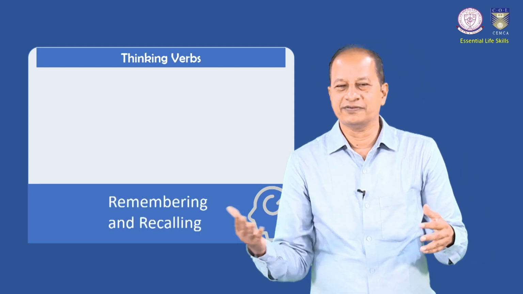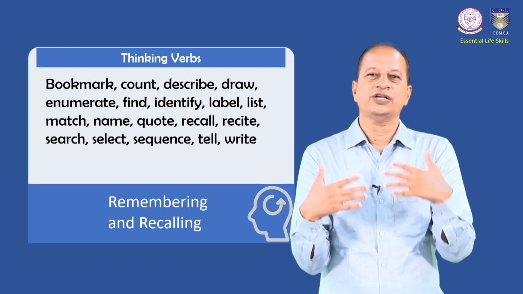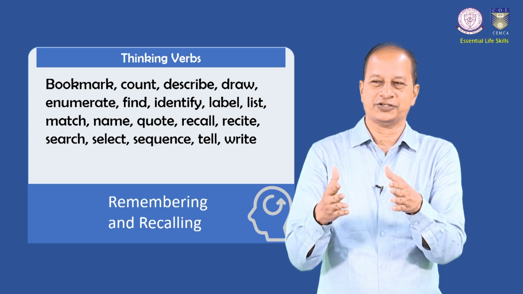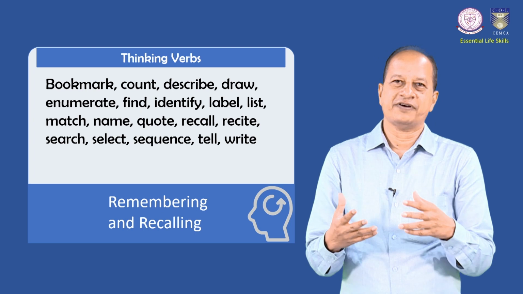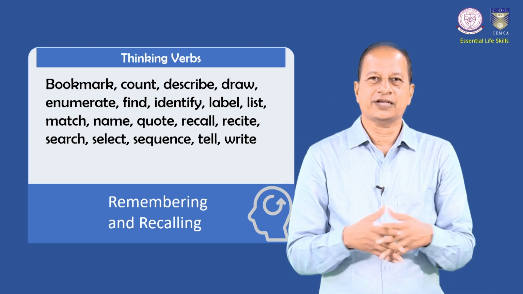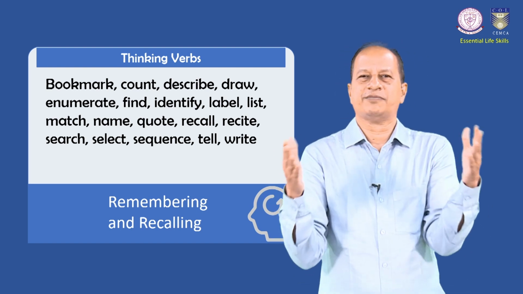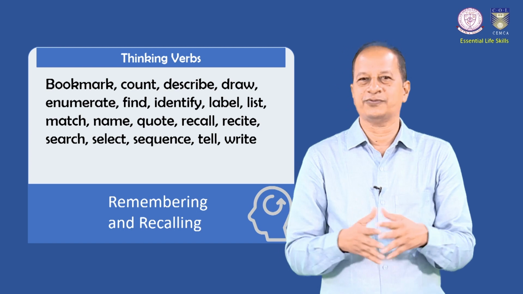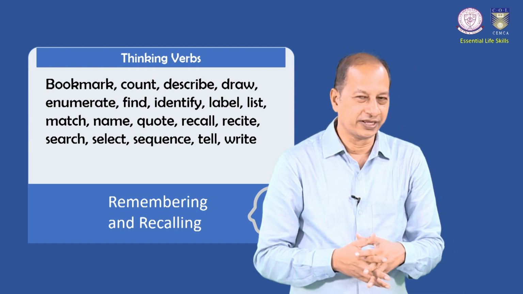So these are some of the verbs that we can make use of if we have to show that we are using that particular approach, remembering or recalling. For example, identifying, labeling, listing, matching, and then sequencing, reciting, bookmarking, counting are some of the important verbs that we require when it comes to remembering and recalling.